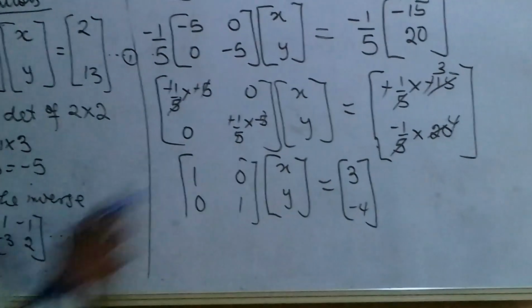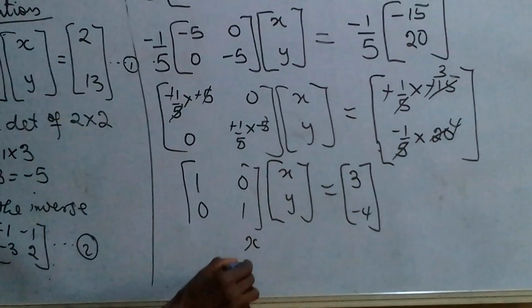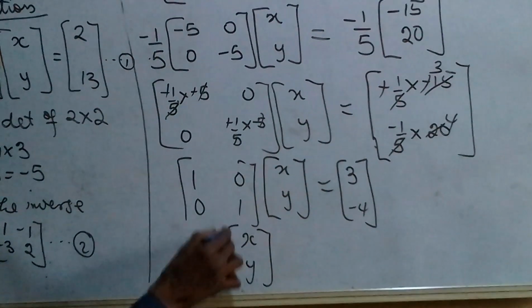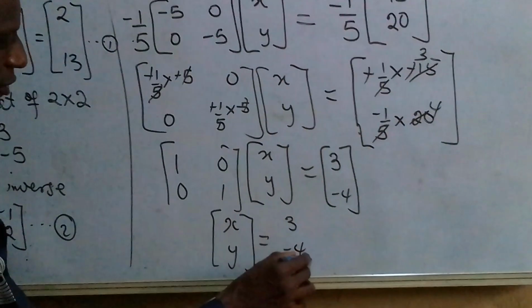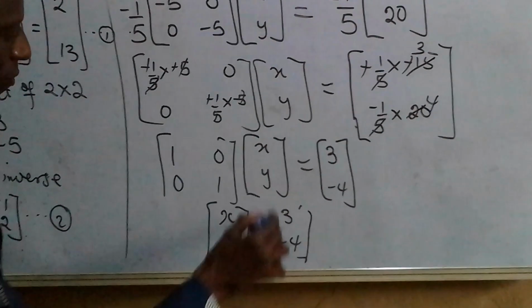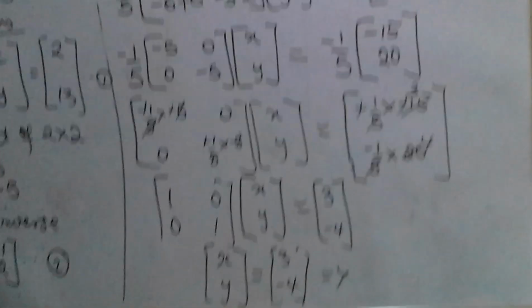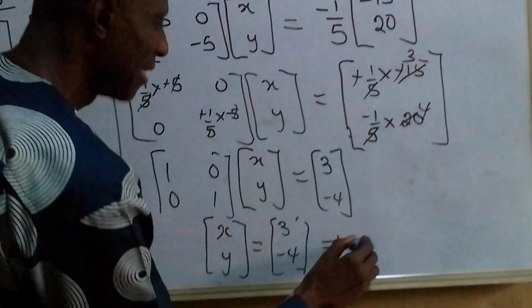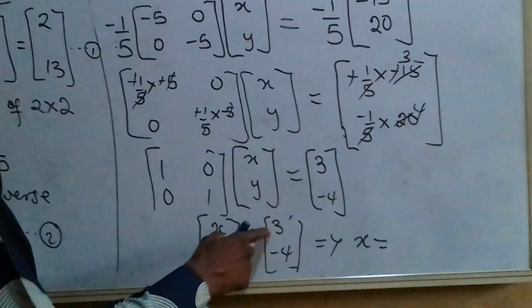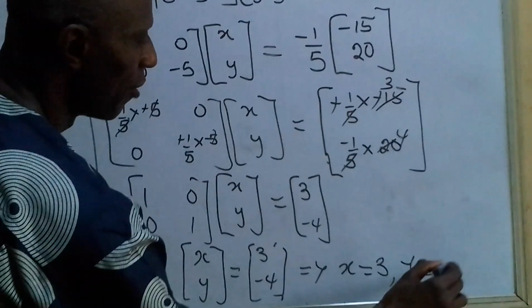So therefore, this identity matrix multiplied by x, y gives x and y, which is 3 and minus 4. This implies one-to-one mapping, which implies that x is equal to 3, y is equal to minus 4.